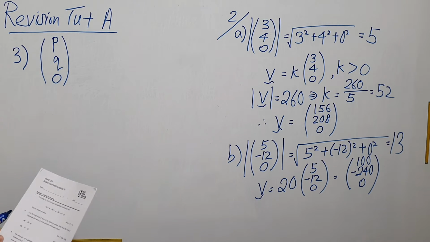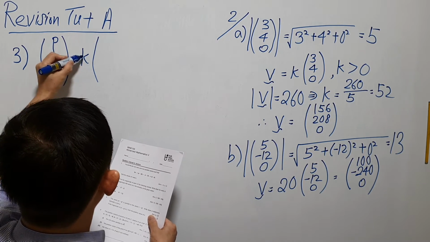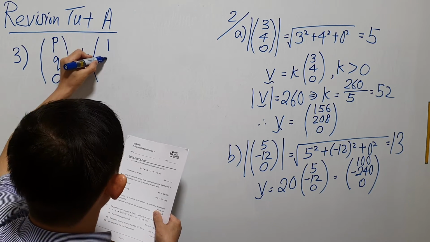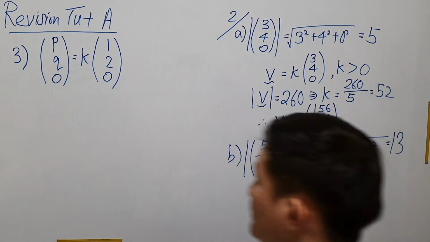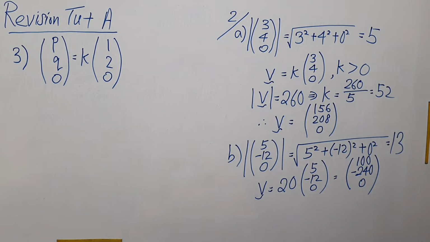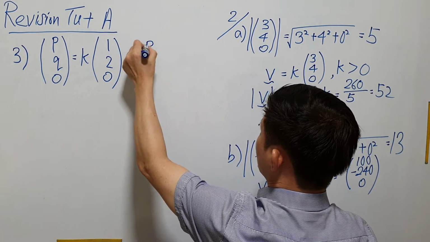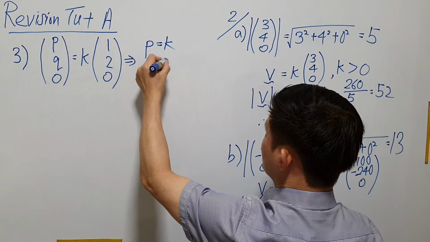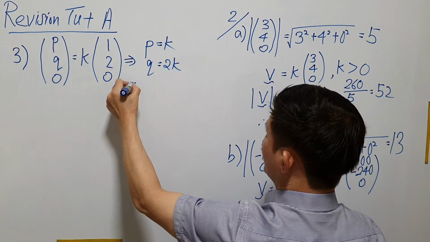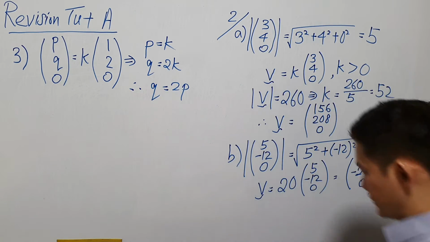Because it is parallel to the other vector, it's a multiple of this other vector 1, 2, 0. So by comparison, I can then say that p is equal to k, q is equal to 2k, therefore q is equal to 2p.